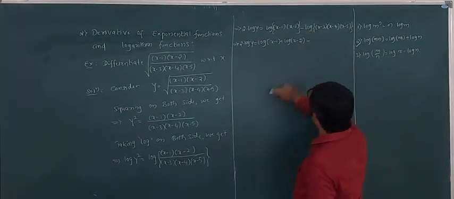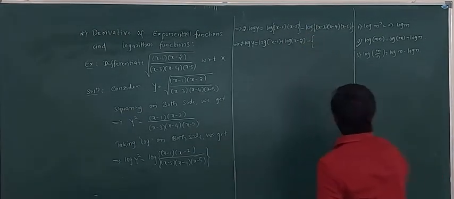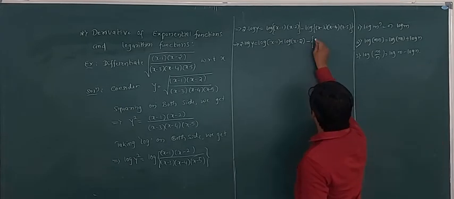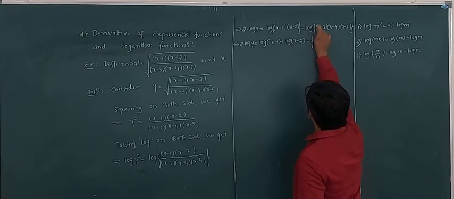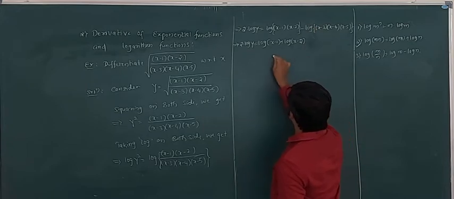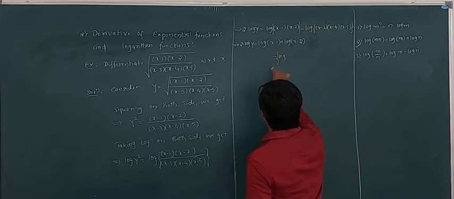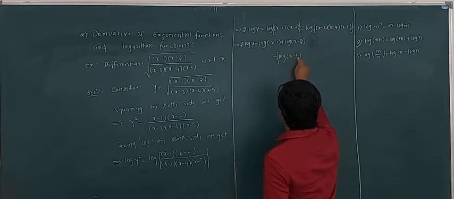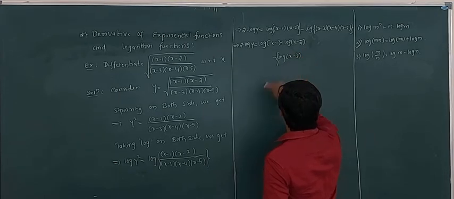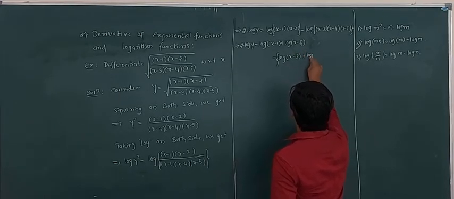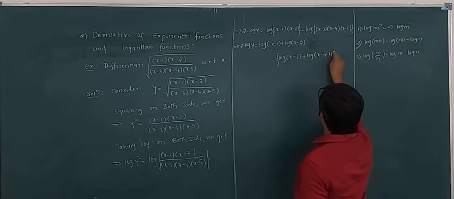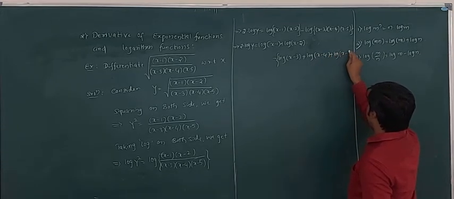Since outside is minus, take it in a bracket: minus, log of (x minus 3) plus log of (x minus 4) plus log of (x minus 5).